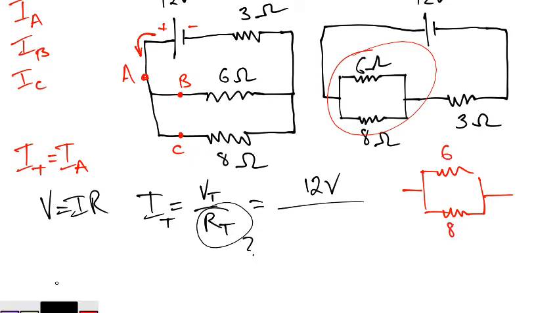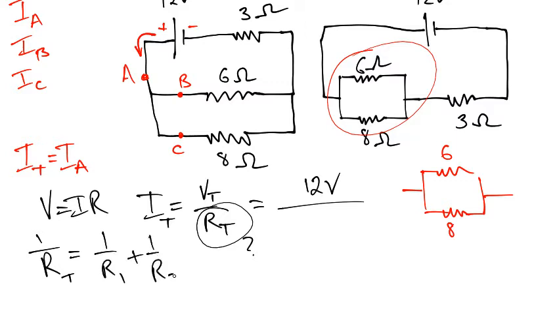Now, the equation for parallel resistors is 1 over R total is going to equal 1 over R1 plus 1 over R2. Now, I'm going to put a box around this equation, because that equation is one that you'll have to memorize.